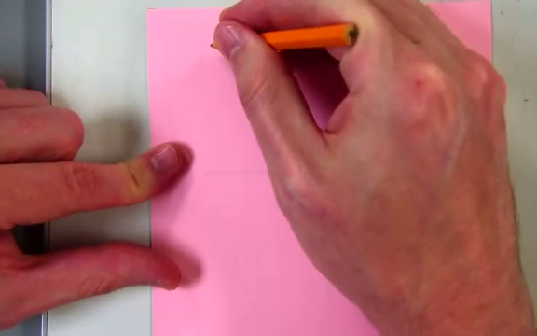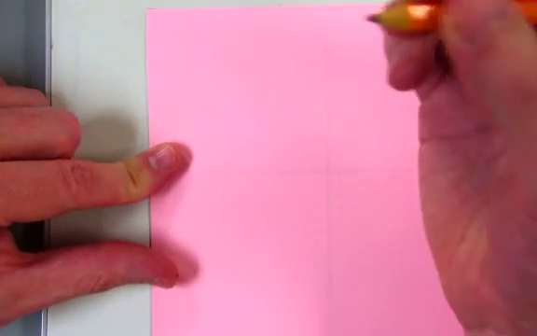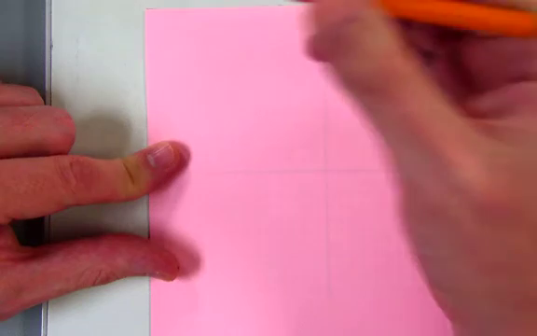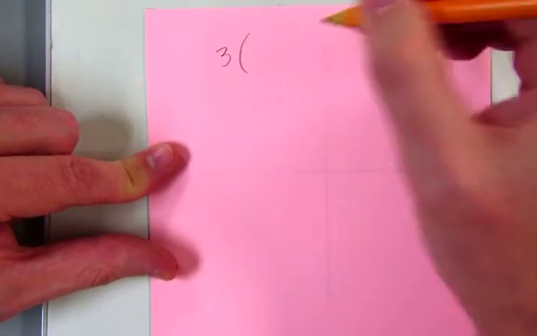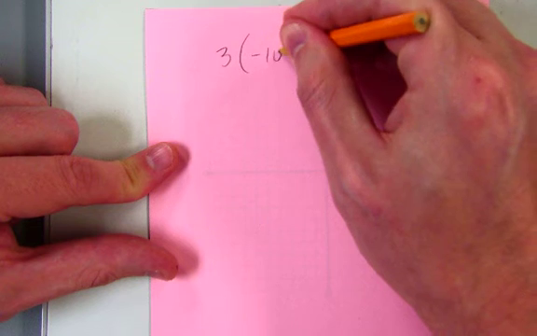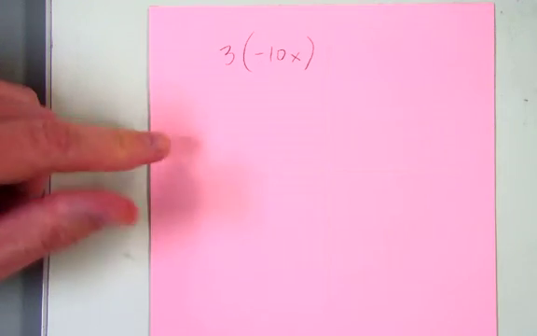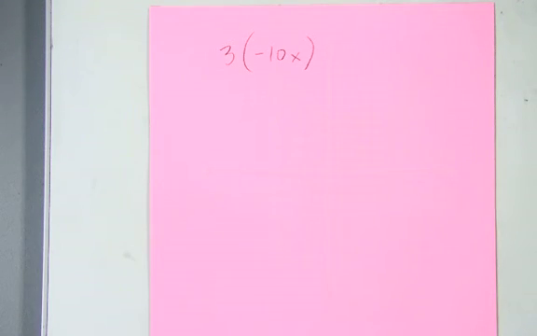Okay, so now when we're adding or subtracting, it's very important that we pay attention to whether our terms are like or not. That's not the case when you're multiplying. If you have something like 3 times negative 10x, for example, right? We know this is a multiplication because these things are right next to each other. 3 is right next to the parenthesis.